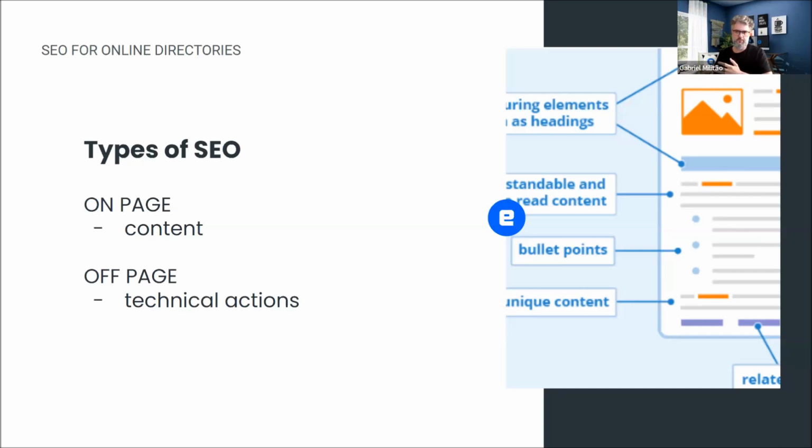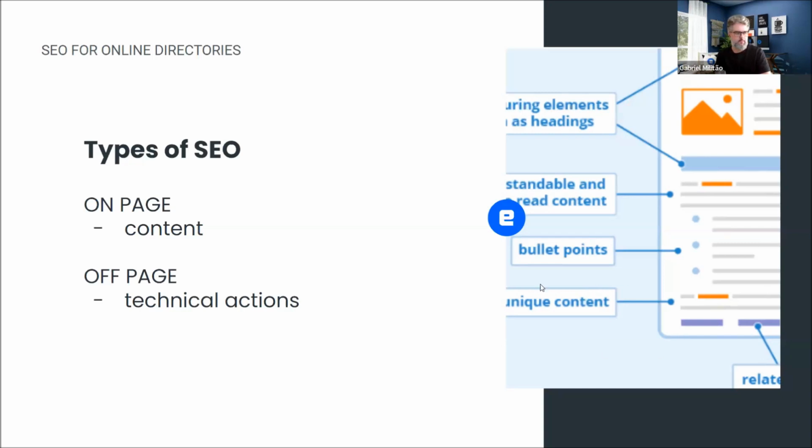On-page SEO focuses on optimizing the content of your website, while off-page SEO involves other technical actions to improve your website's ranking. So things that are not related to the content itself, but things around your website that should be improved in order for you to get a better ranking in SERPs, Google or search engines.